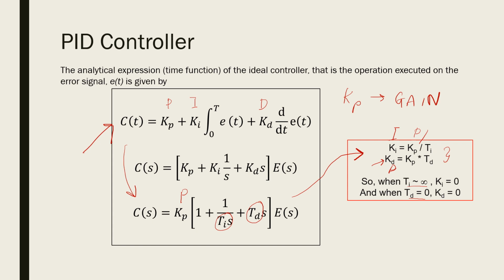And if we don't want to use Kp, then we just put Kp equals 1. So when Kp is equal to 1, Ti is very, very big, near infinity, and Td equals 0, then our PID is not working, right?